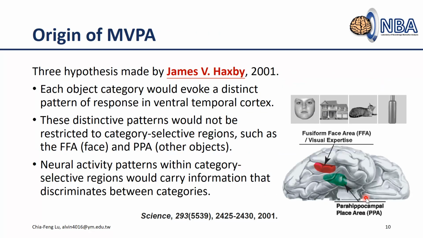So when we talk about the origin of MVPA, we definitely need to introduce this paper. This very important paper was published in 2001 in Science, and the key author is Professor Haxby. This paper has already been cited more than 3,000 or 5,000 times. It's a very, very important one.